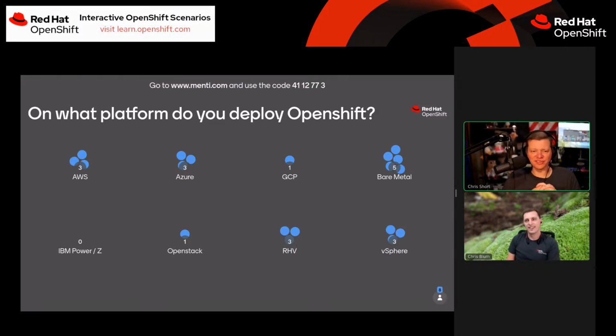So yeah, we're seeing a nice participation here, but mainly bare metal, vSphere, RHV, Azure, AWS is what it looks like right now on your little poll here, which is very interesting to see. Yeah. It's good to see that so many people are deploying directly on bare metal.